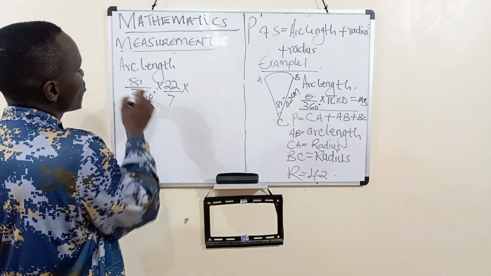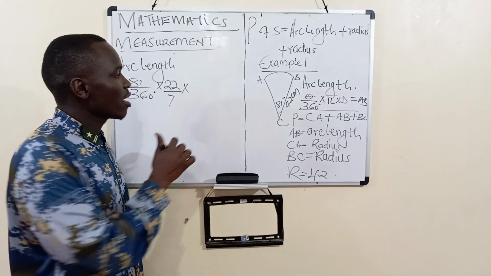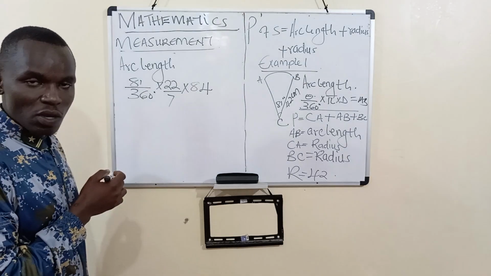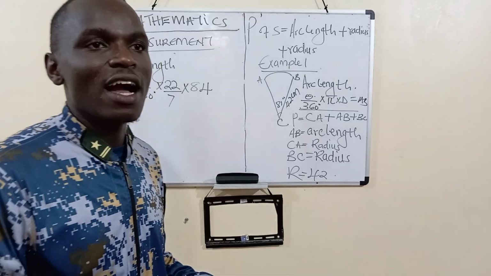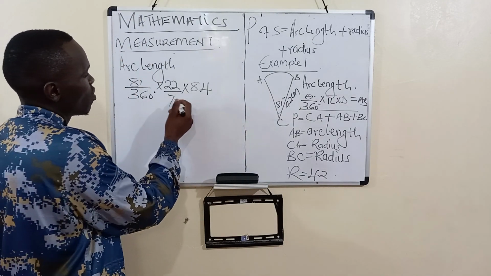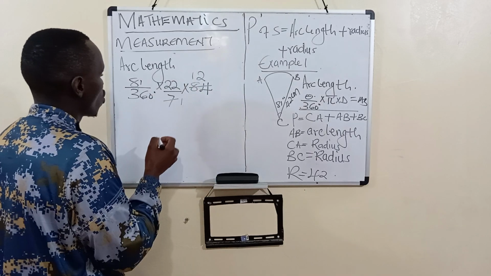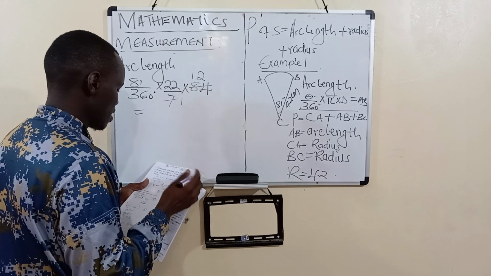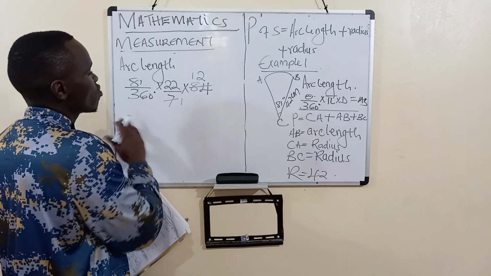So in this case, you're going to have 81 over 360 multiplied by 22 over 7, then multiplied by 84. This way, we get the arc length. Then from here, we cancel by 7, and so on, and multiply to get the value.